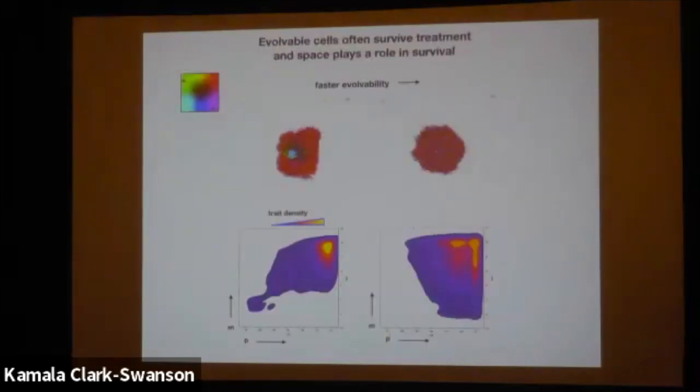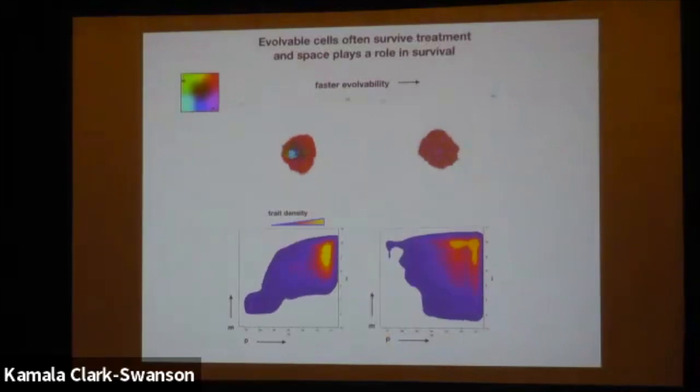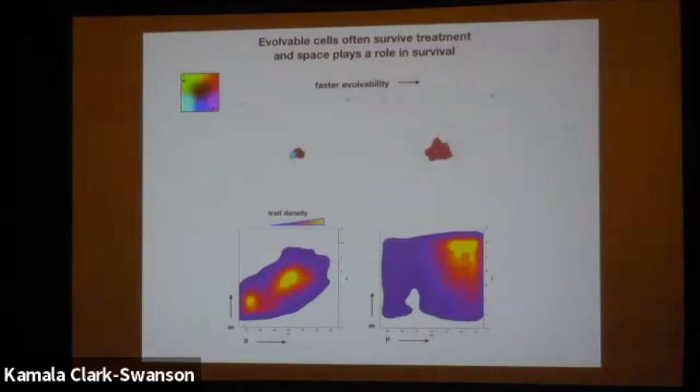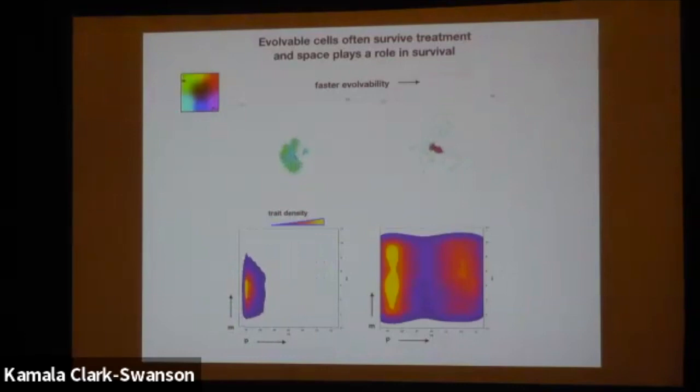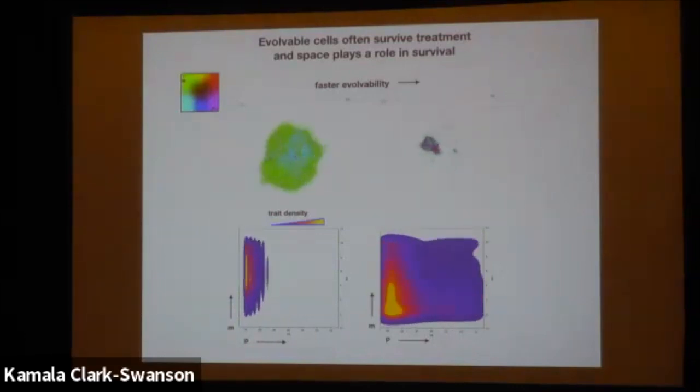So now I take these tumors and apply an anti-proliferative treatment. So what you see here, faster evolvability, really far jumping from parental traits on the right. And you see that the one on the left basically is selecting for these less fit cells, but then moving up towards these migratory cells.